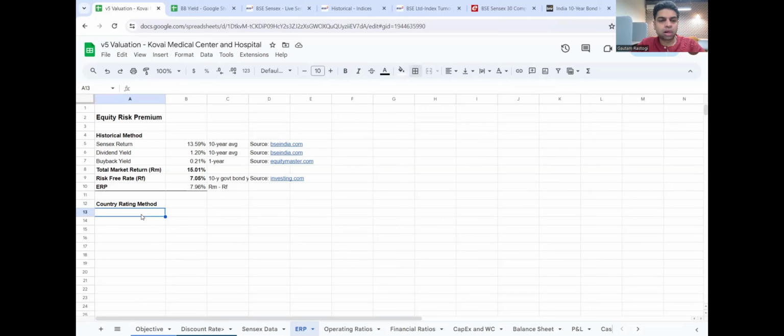What you need to do is, first you need the equity risk premium for the US market. Then the other piece of information that you need is the credit default spread in the Indian market.